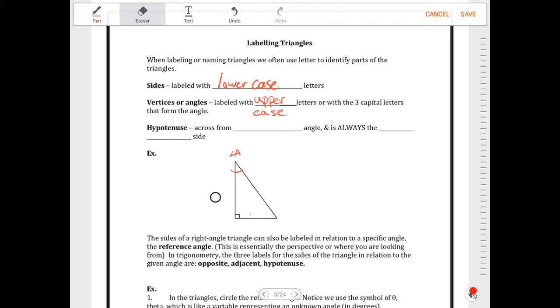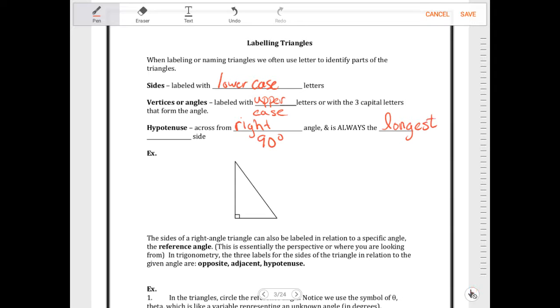Now, we have talked about the hypotenuse, but I'm just going to do that one more time. See, the hypotenuse is the foundation. The hypotenuse is always across from the right angle. Another way of saying it, you could say the 90-degree angle. And it is always the longest side.